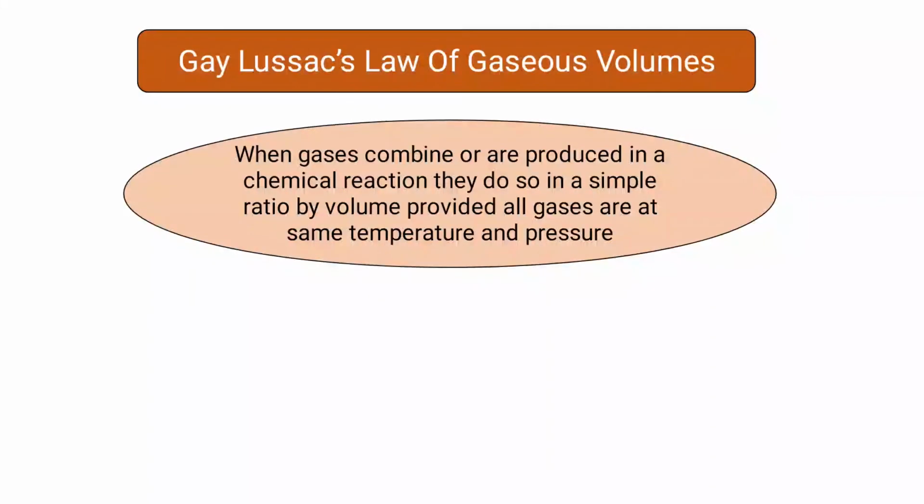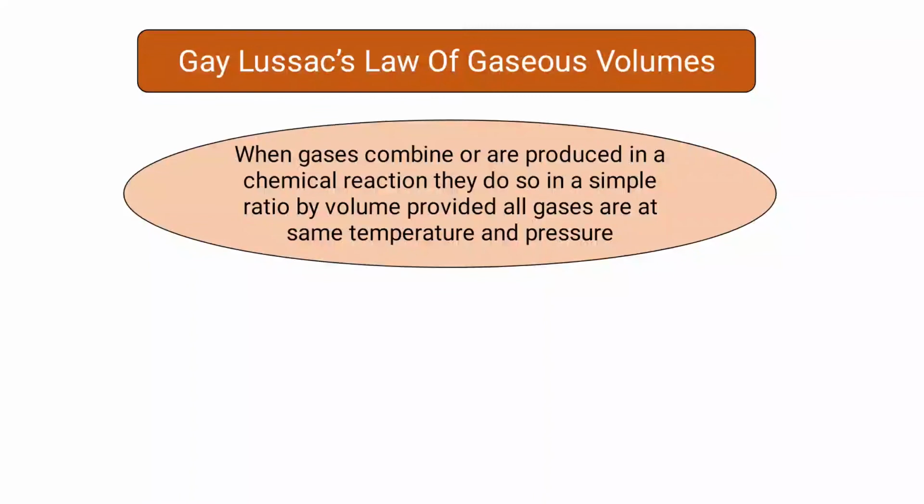Now what does this statement mean? That is, when gases combine, which means the reactants are gases, or are produced, which means the products are also gases. So whenever we have reactants which are gases and products which are also gases, then they will have simple whole number ratio to each other.